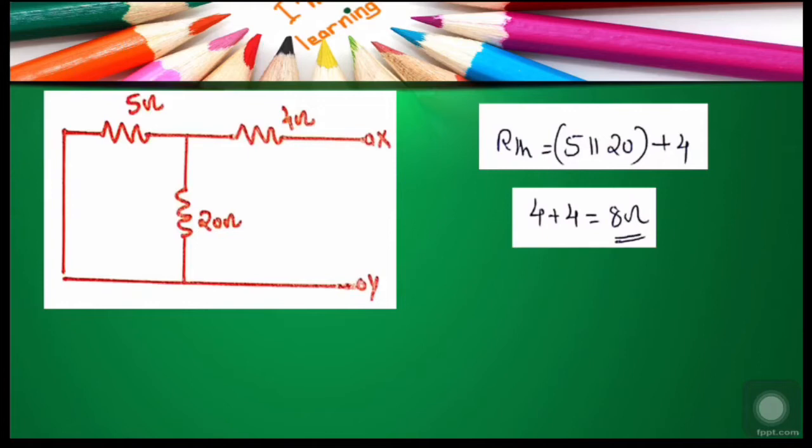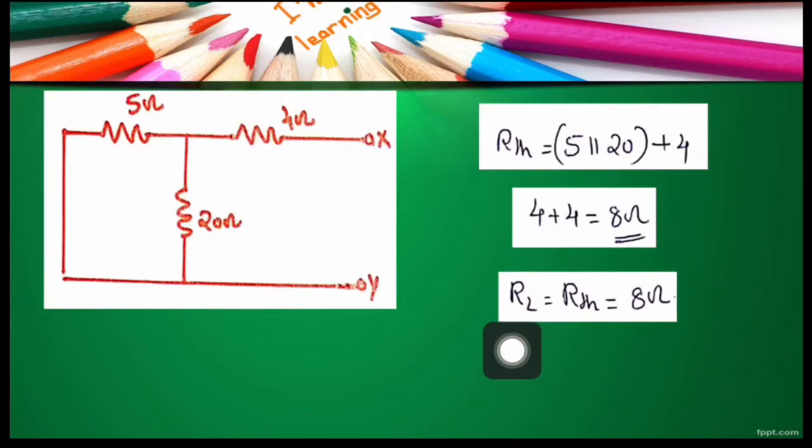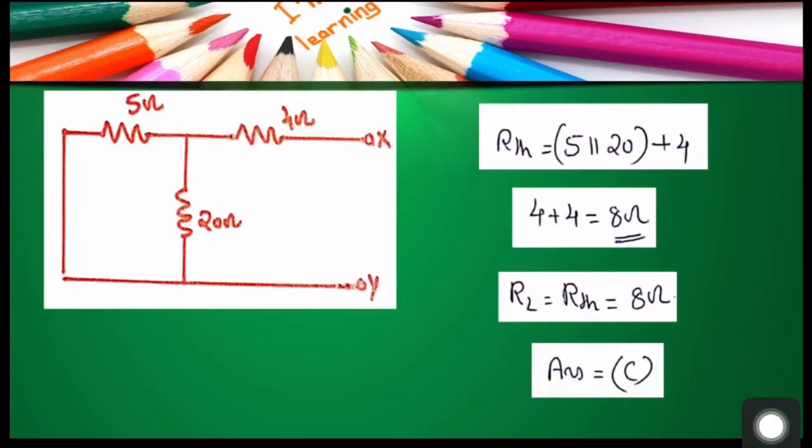Thus, we obtain the Thevenin equivalent resistance of the source network. Now we have to equate that to the load resistor for maximum power transfer. So we write RL is equal to RTH is equal to 8 ohm. Our answer is option C, 8 ohm. Clear? Hope you got it.